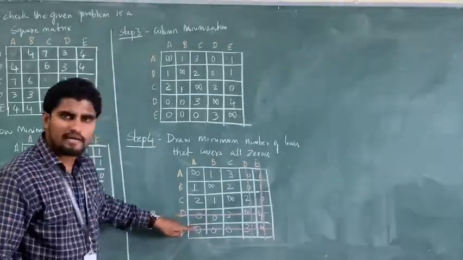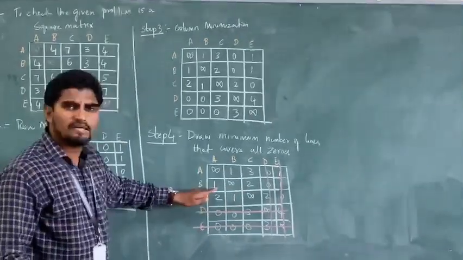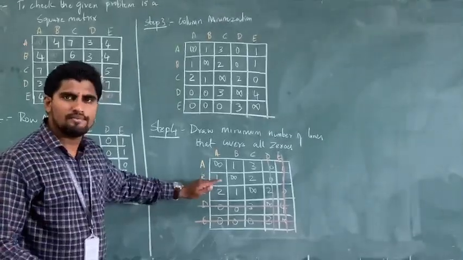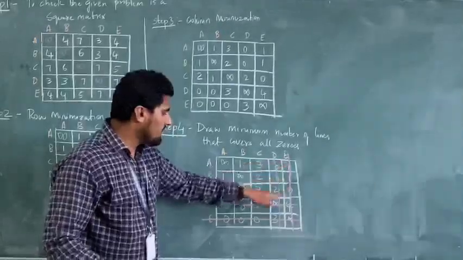Okay, we have drawn 4 lines, and the order of matrix is 5 cross 5, means to say that capital N is not equal to small n. Capital N is nothing but number of lines that have been drawn in order to cover all zeros.